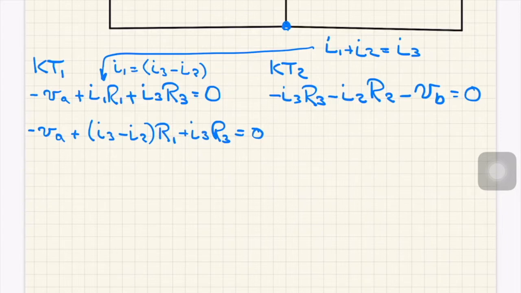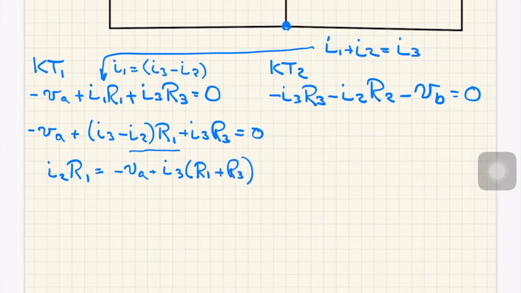So if I move the I2 term, this term here, over to the right hand side and then swap sides to make it easier, and again, you can do as many steps as you need to reduce the chances of you making an error, then I2 times R1, that's the term I just got from above, is going to be equal to, and now all these other terms have stayed on this side essentially, so I'm going to have the minus VA, and I'm going to have a plus I3, multiplied by the R1 term that I already have there plus the R3 term.